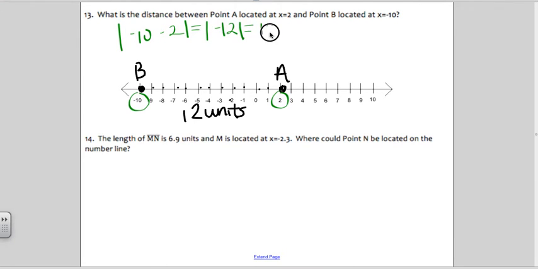So then I take the absolute value and I get 12. I could go the other way. I could say, well, what is 2 minus a negative 10? That is positive 12. So notice, by counting or by the absolute value, notice I get the same answer.